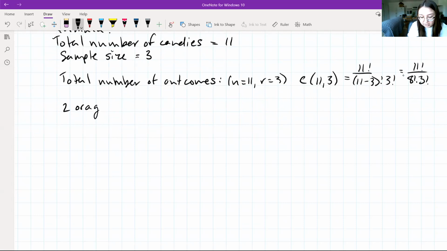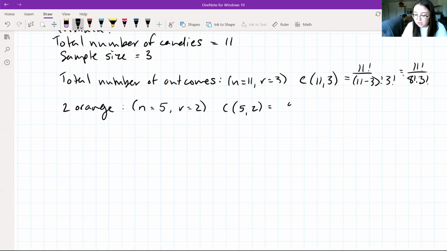So then we can say that finding the outcomes of picking 2 orange candies is going to be n equal to 5, because there's 5 total orange candies and we want 2 of them. So this is going to be our combination. 5 comma 2 is equal to 5 factorial divided by 5 minus 2 factorial times 2 factorial, which is 5 factorial over 3 factorial times 2 factorial.